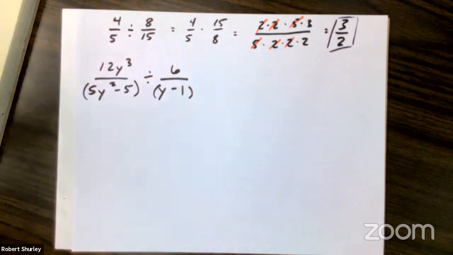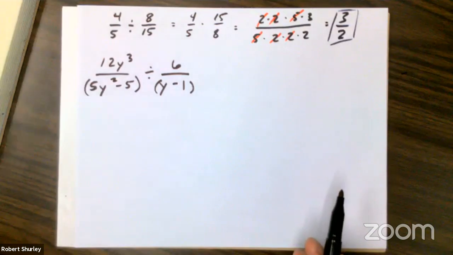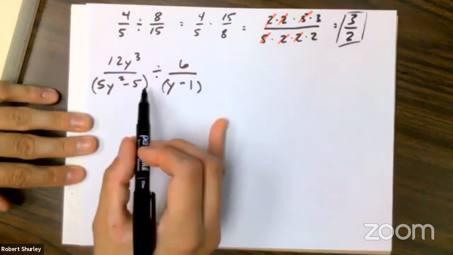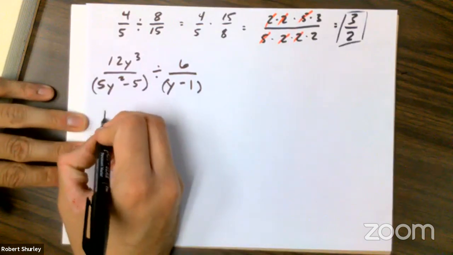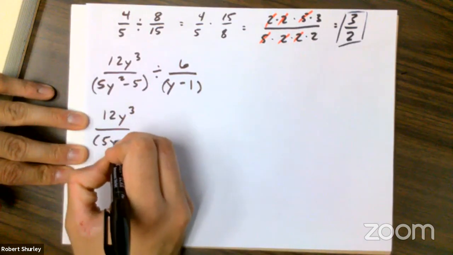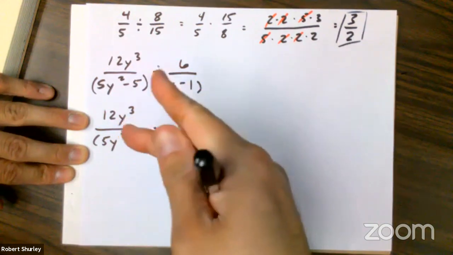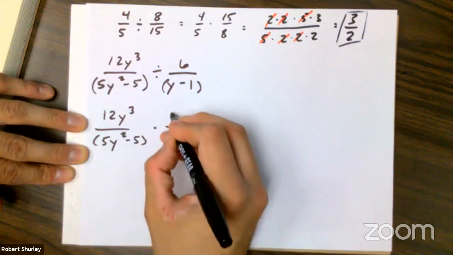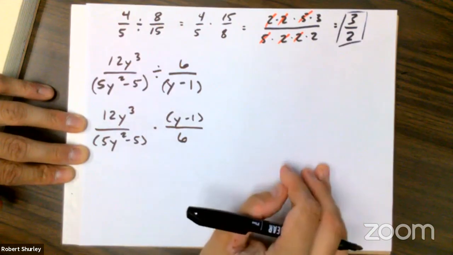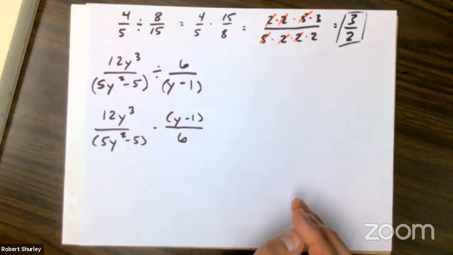And the very first thing I'm going to do is make it multiplication, like we were doing with every other example. So keep the first fraction the same, and then flip the second fraction. So this becomes y minus 1 up top and a 6 on the bottom, right? Pretty straightforward.